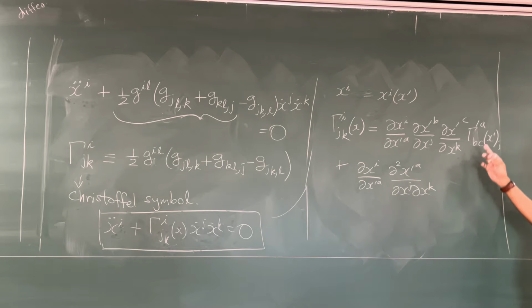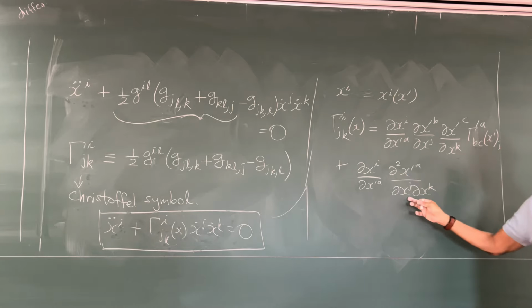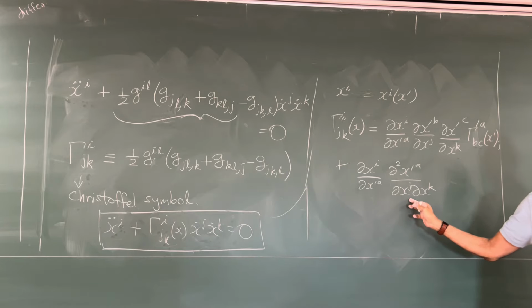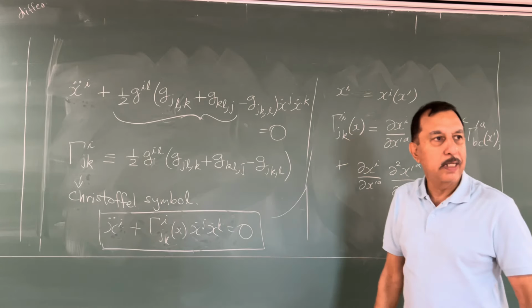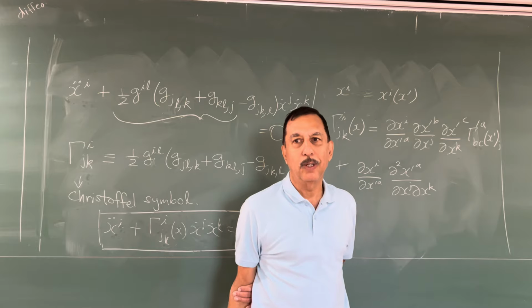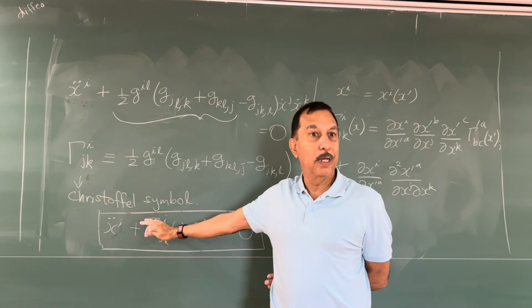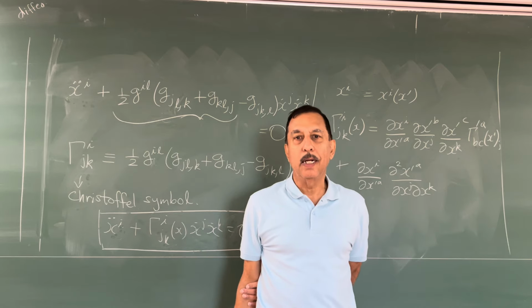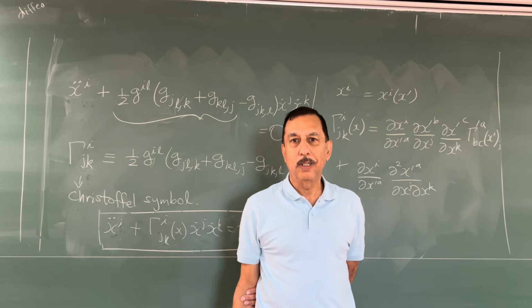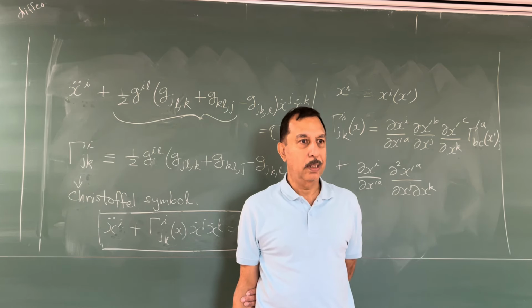So you see that even if gamma prime was 0, by a change of coordinates I can get a gamma which is not 0. Now why is this a good thing? It's for a reason I explained to you 10 minutes ago. In Cartesian coordinates gamma is surely 0. But I already told you that in polar coordinates it's not 0. And that's good.